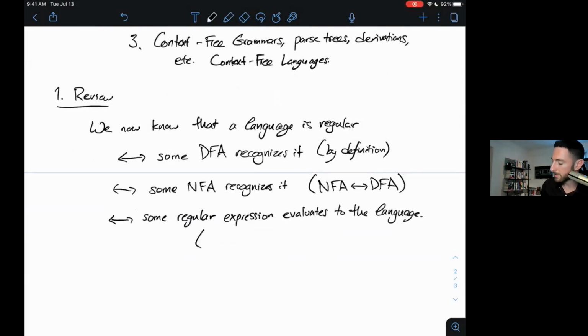And we proved this by showing that a regular expression can be converted to an equivalent NFA using our inductive definition of regular expressions and closure properties.